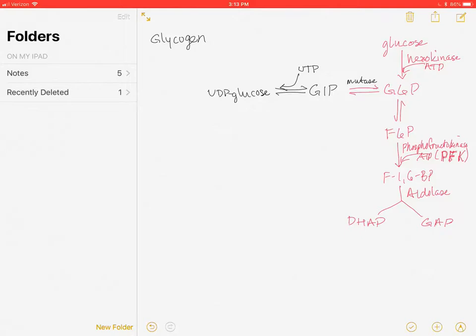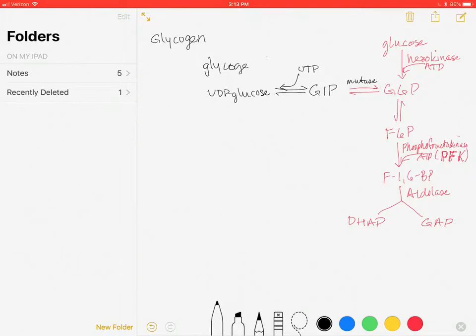Yeah, so then UDP glucose, which is activated glucose, so the good leaving group, reacts with a growing glycogen molecule. So we've got glycogen, and this is a glycogen with N glucoses.